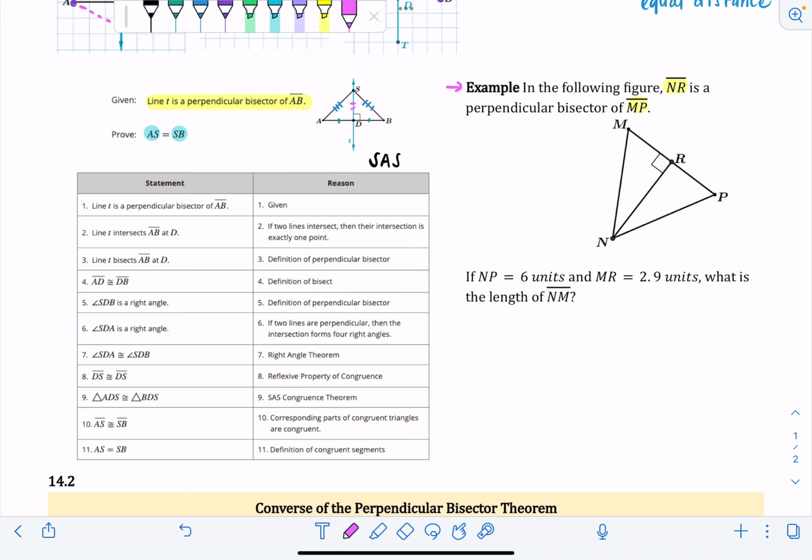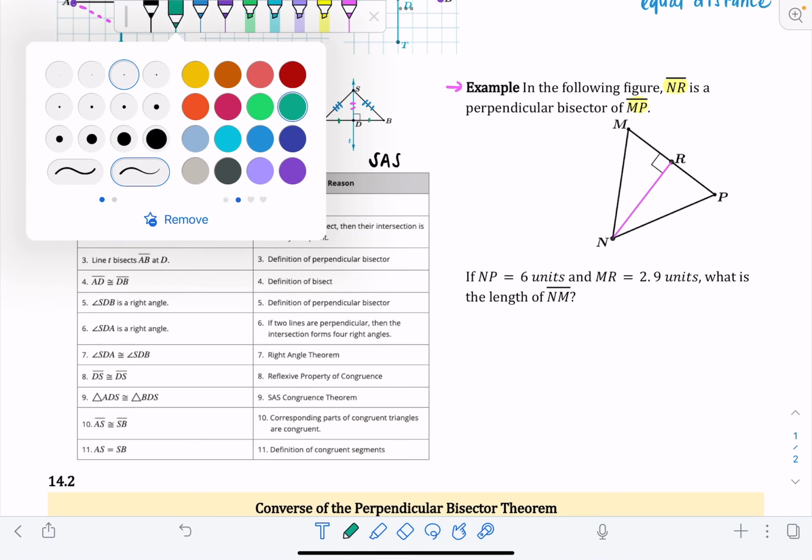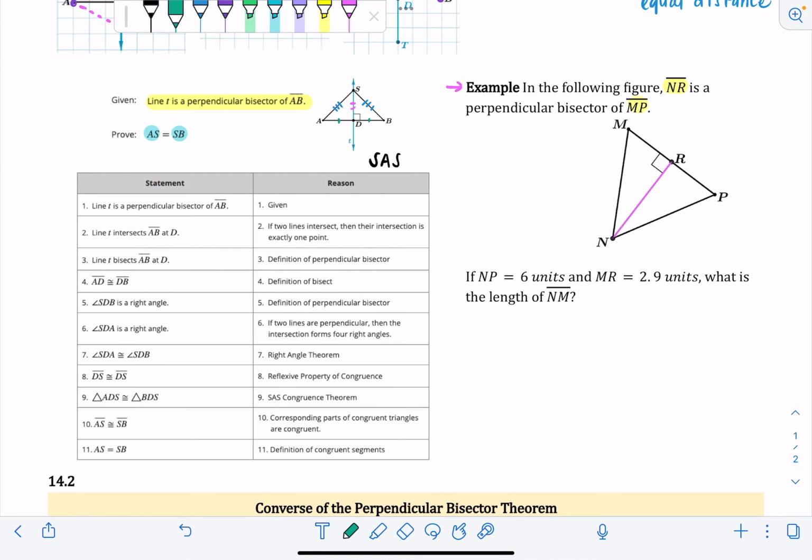NR is this one, and MP is this one. So NR is a perpendicular bisector of MP. And now moving down, it says if the distance between N and P is 6, so I'm going to pop a little 6 right here.